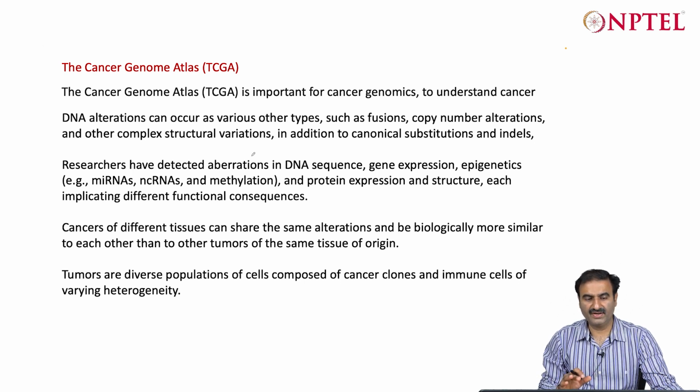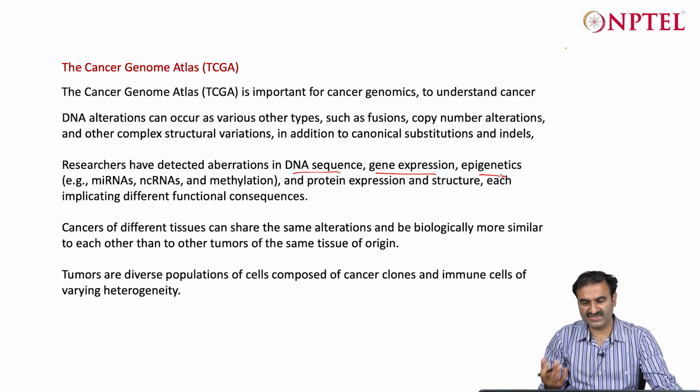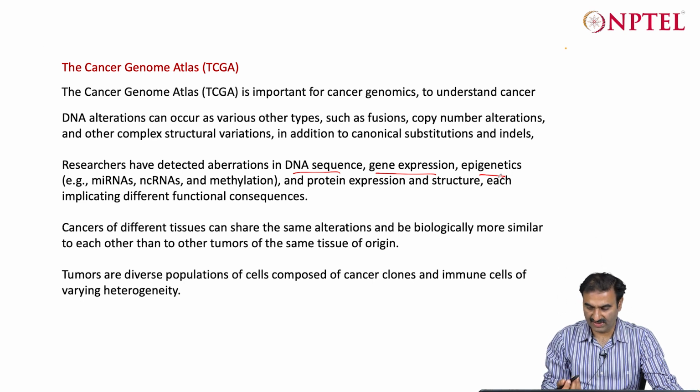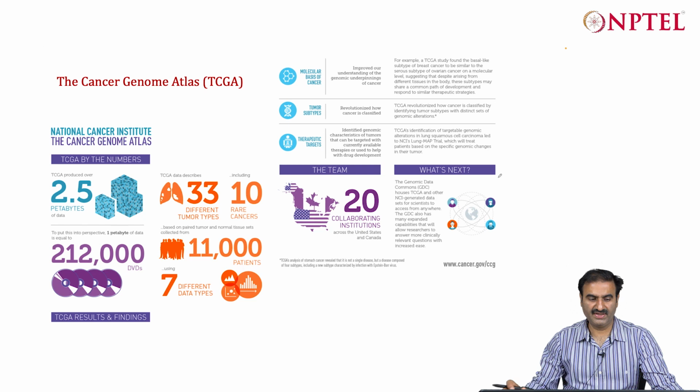Basically this atlas is one of the major resources that you can use for obtaining various kinds of aberrations in DNA sequence, gene expression, epigenetics, regulatory RNAs, protein expression, and structural variations in the tissues. So a lot of comparative data from healthy and disease is available here.